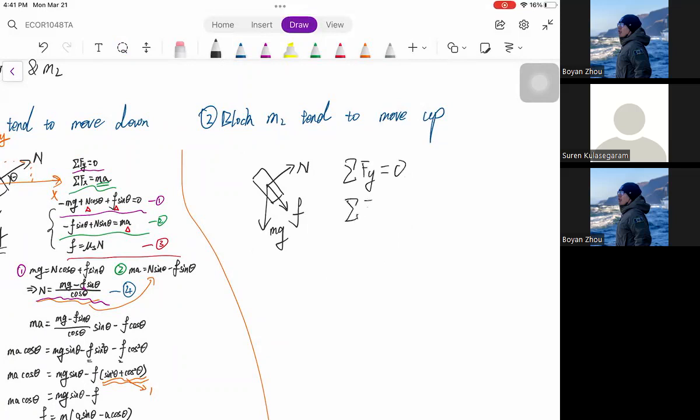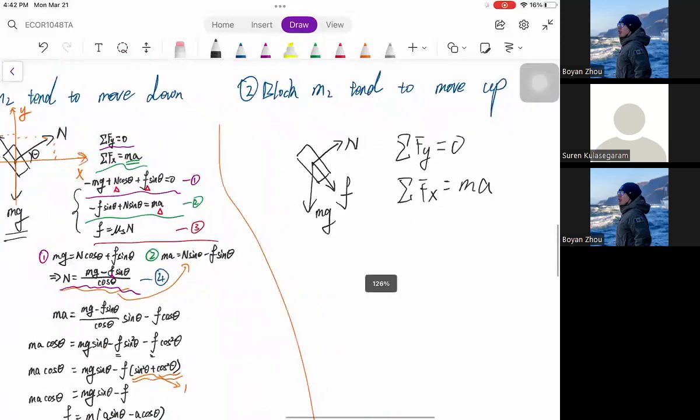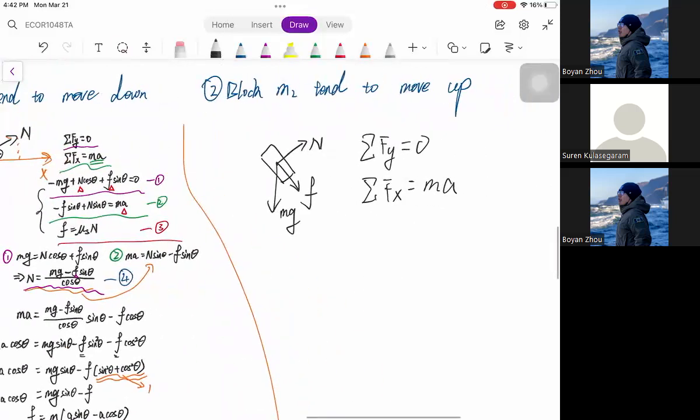The resultant force in the x direction is equal to ma. The only thing that will change is the equation here, since the friction F is actually pointing downwards.